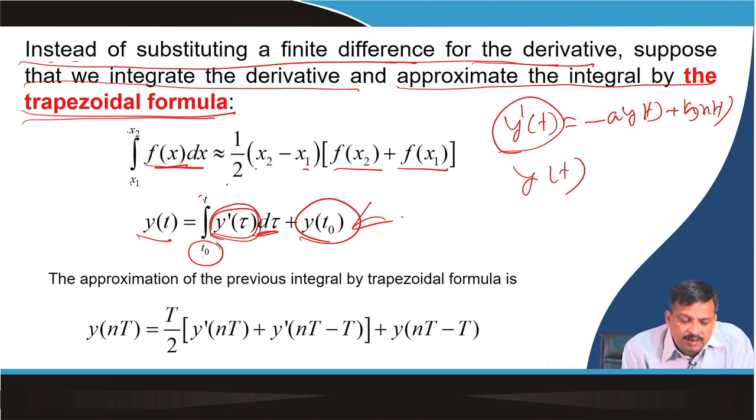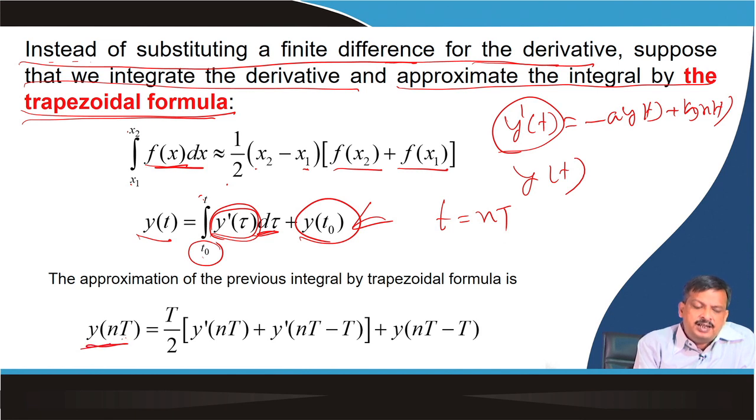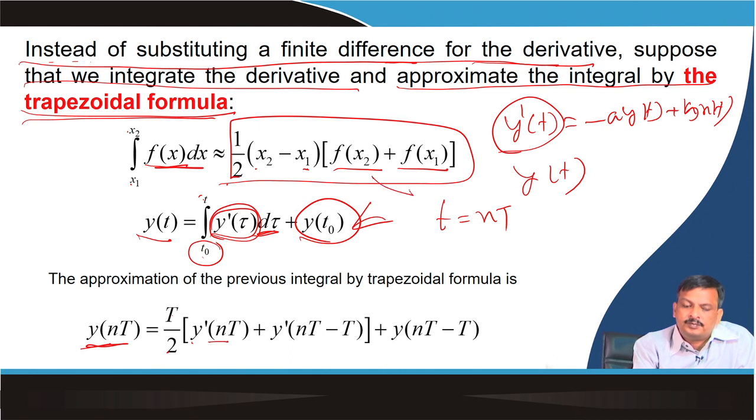Now, t is digitized. So I can say y of nT is nothing but T by 2 times y prime nT, just put it in this formula. So instead of t I put nT, so it is t0 to t.